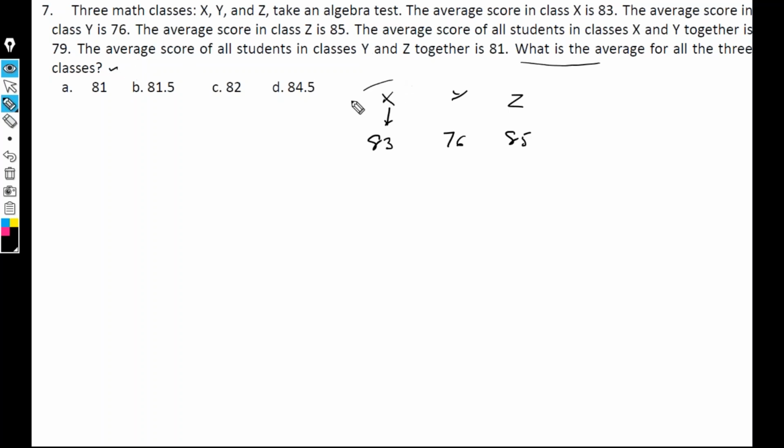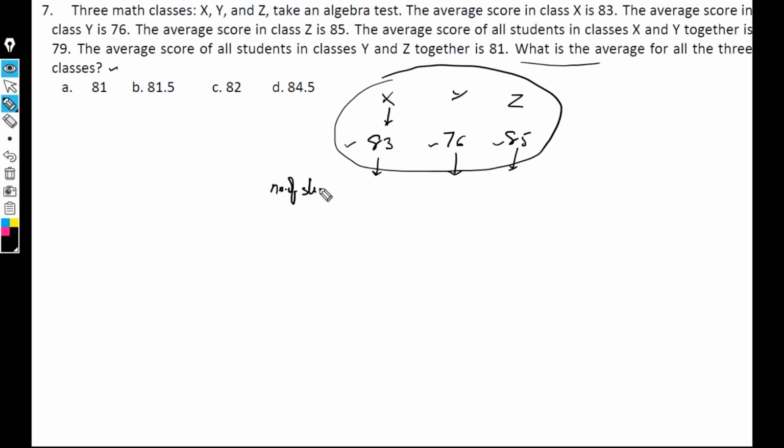When we require the average of all the three classes, because the average score is given to me for all the three, we also require the number of students in all the three classes, or the ratio between the number of students in all the three classes. Whatever you get, the question can be answered, because we have discussed this part in the previous class.